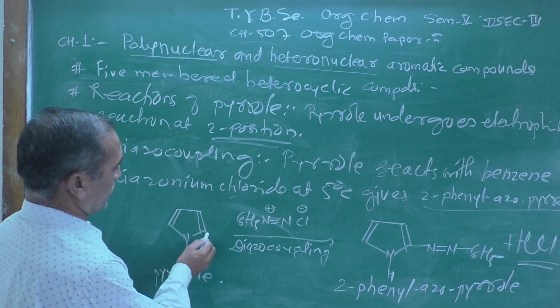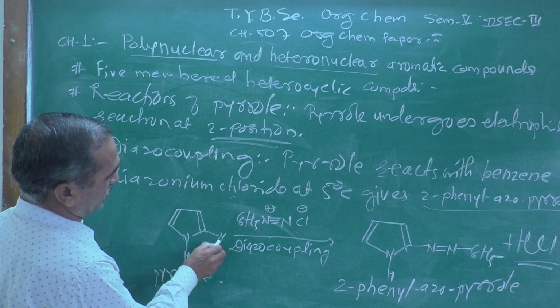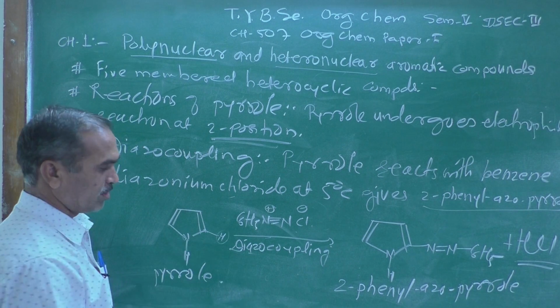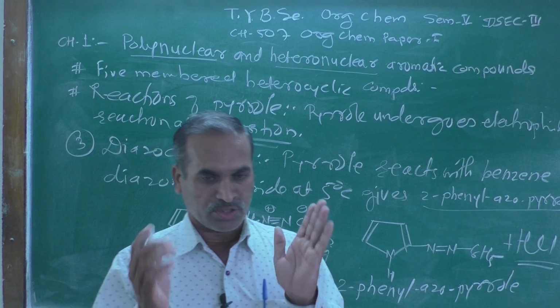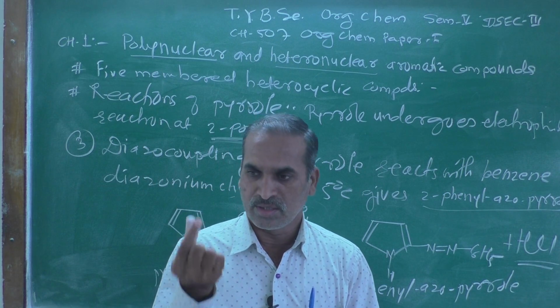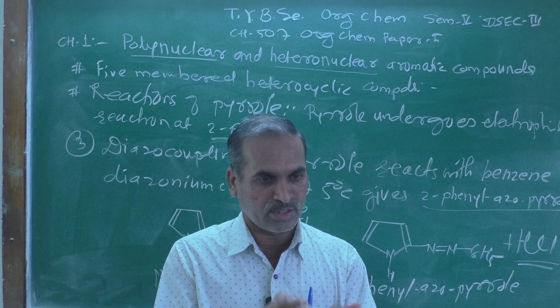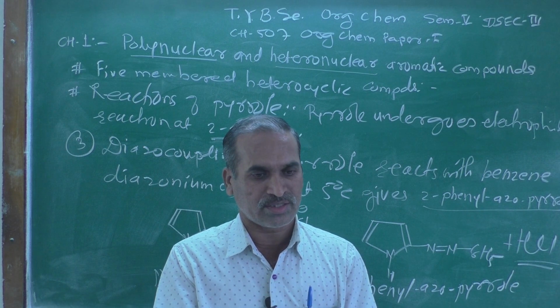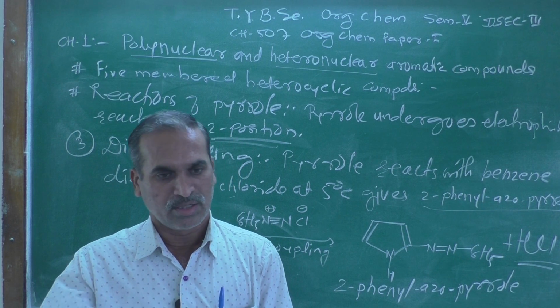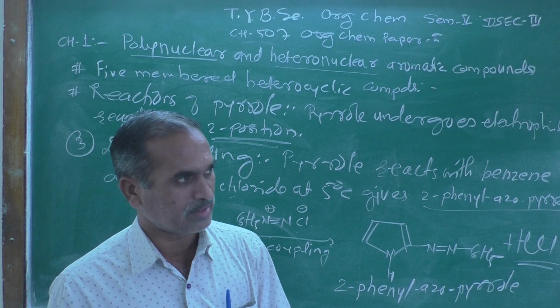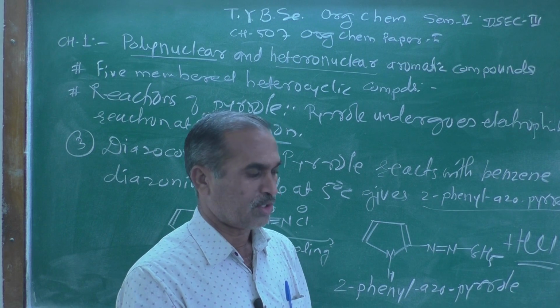The H is from pyrrole, as we know, 1 H from here, because it is an electrophilic substitution reaction. Substitution reaction means the atom or group of atoms is removed or replaced from the reactant or the starting material by another atom or group.